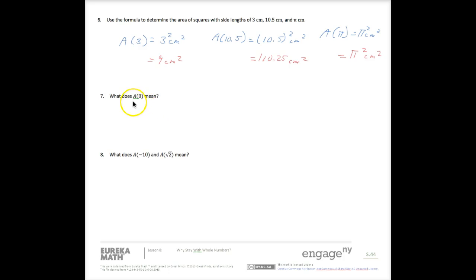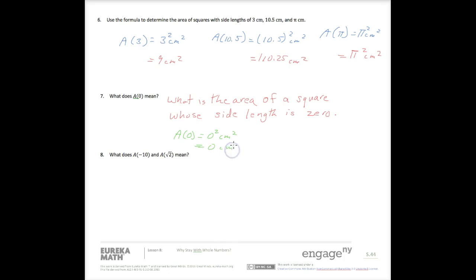What does the area of 0 mean? Well, it means, what is the area of a square whose side length is 0? Hopefully it's obvious to you that the area of a square whose side length is 0 is 0 squared centimeters squared, and that makes it 0 centimeters squared.